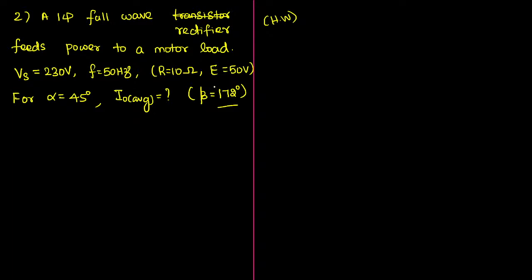The conduction of the diode will be stopped at 172 degree. Diode, not diode, here it is thyristor. Diode or thyristor, whatever it is, that is the actual meaning of extinction angle.